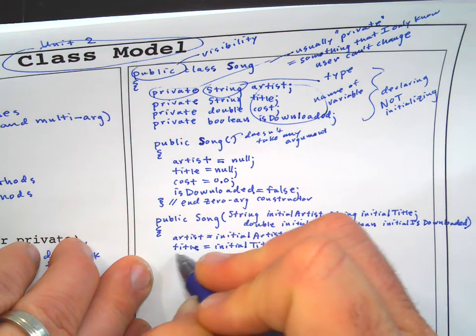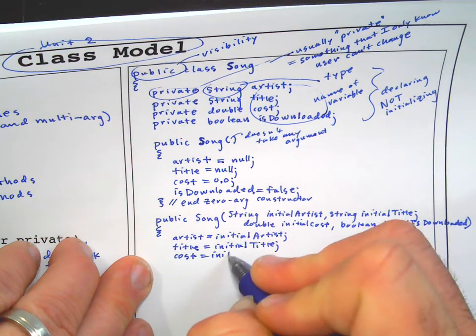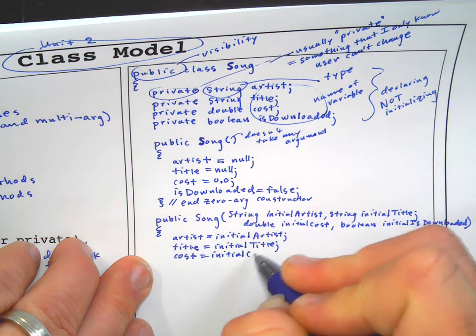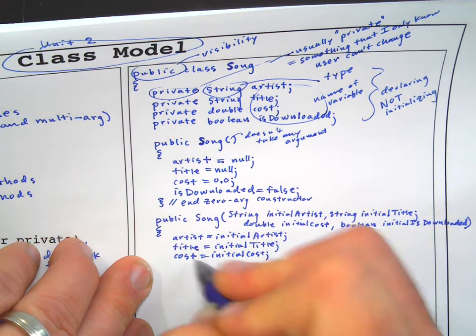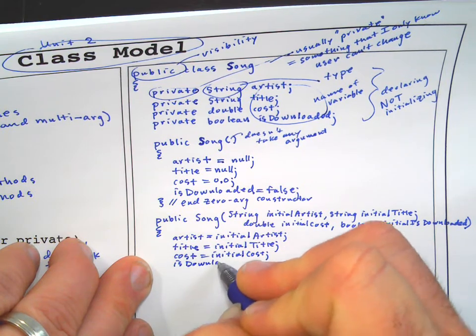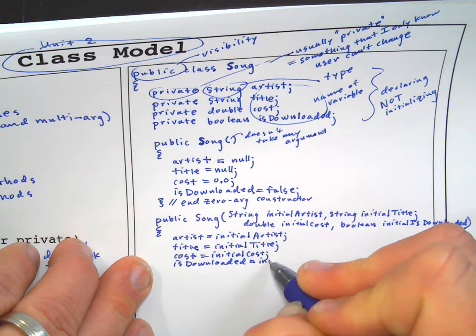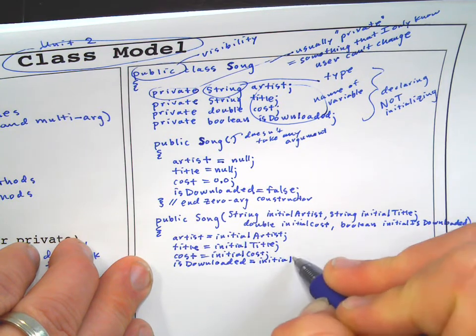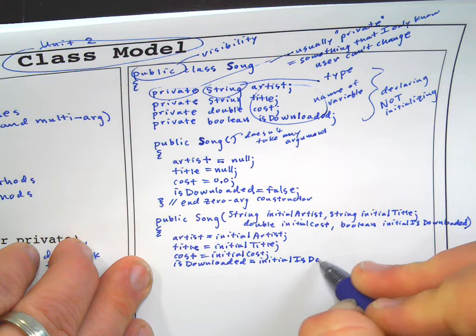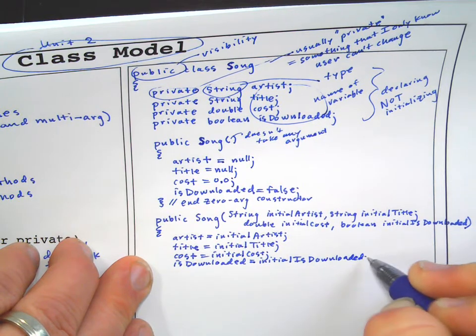And we're going to say cost equals initialCost. And we're going to say isDownloaded equals initialIsDownloaded.